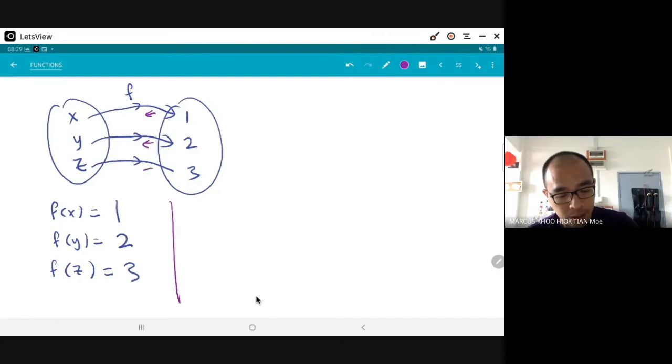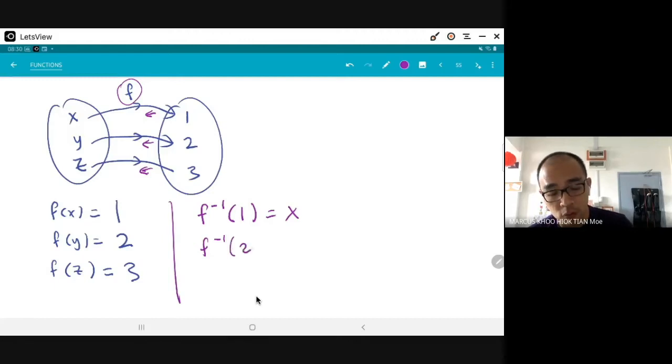Kalau dari kiri ke kanan adalah f, dari kanan ke kiri adalah inverse f. So the inverse f of 1 equals to x. Kedua, the inverse function of 2 equals to y. And the inverse function of 3 equals to z.